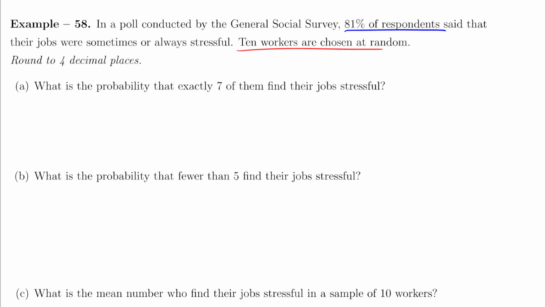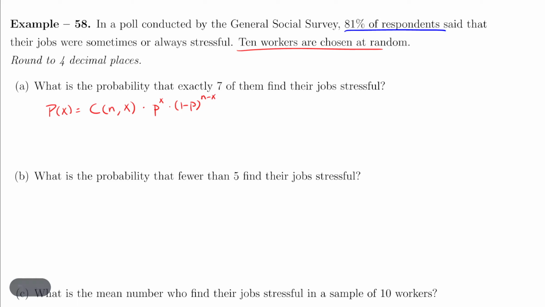And since it's a binomial distribution, we know we can use the formula that the probability that x occurs is the combination of the number of trials, choose x, times the probability of success to the x power, times 1 minus the probability of success to the n minus x.